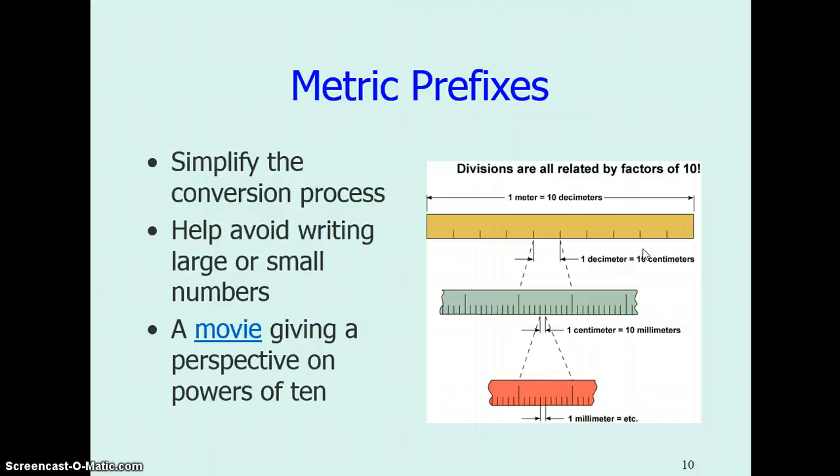You should definitely know the metric prefixes from pico, which means, of course, times 10 to the minus 12th, all the way to tera, which is times 10 to the positive 12. Okay, so I'll give some examples and so forth of those things.